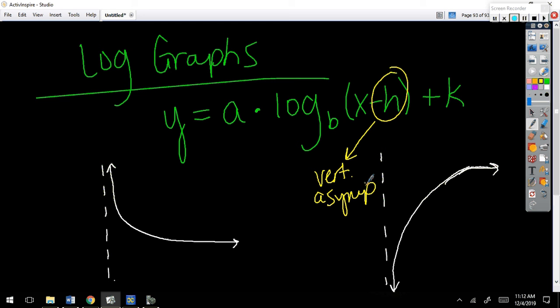Wait, I thought K was the asymptote in growth and decay. But because this is logs and everything's backwards, my h is going to be my asymptote. And from there, we're going to pick two easy points to use. You said opposite sign, right? Correct.